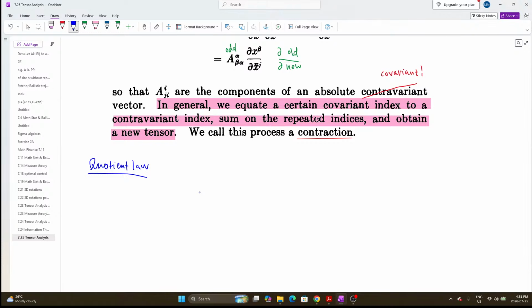Okay, it says assume the expression A i B j k is a tensor for all contravariant vectors A i.